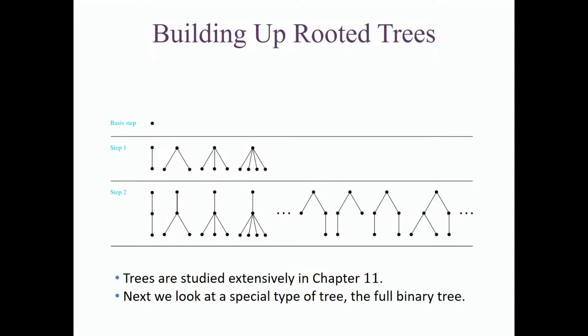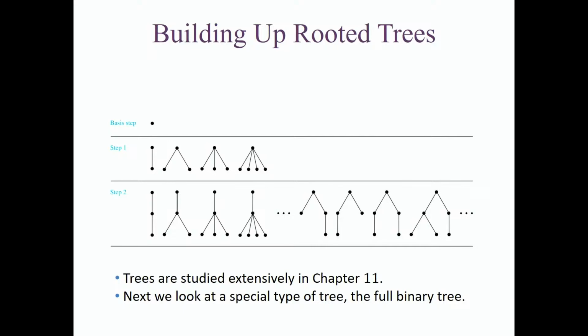Then we can also consider from the basis step that we have rooted tree 1 and rooted tree 2. Then we can connect edges from R1 and R2 to the root node. This helps us create another rooted tree. So similarly, you can create a rooted tree with 3 leaves, 4 leaves, or more. So we can create rooted trees by step 1.